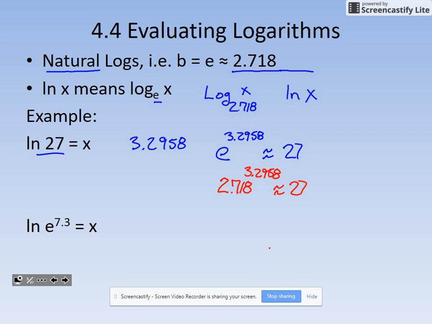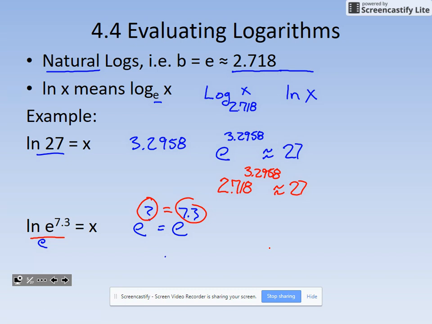Let's try one more case here. It's kind of a special one. So down here, what this means, and again, a natural log implies base e, is we're saying e raised to some exponent equals e to the 7.3. And of course, you can look at that and tell right away, oh, 7.3.